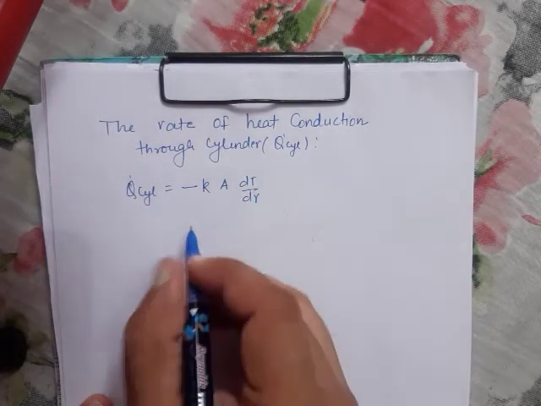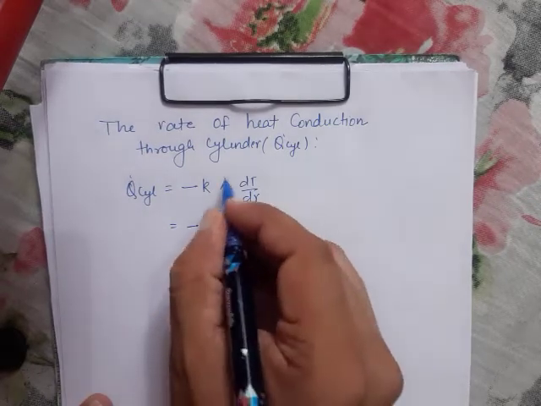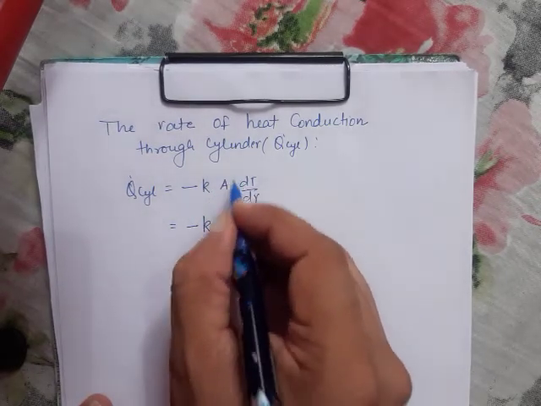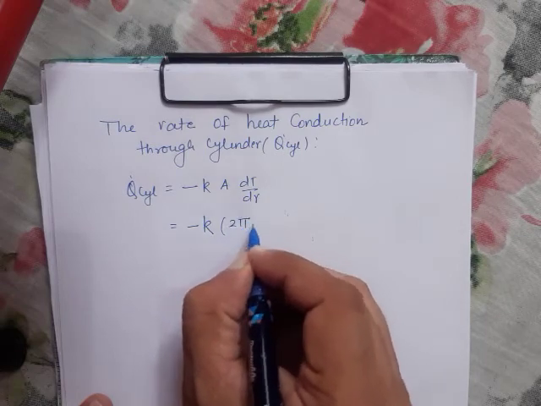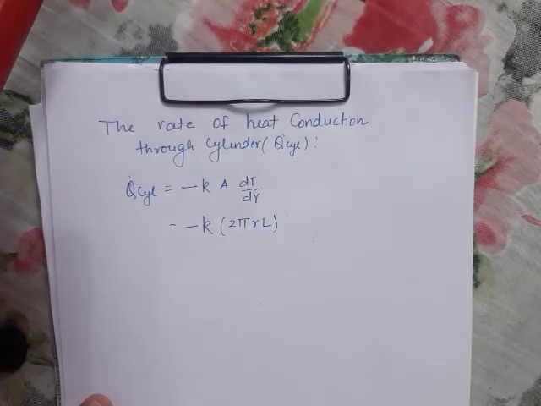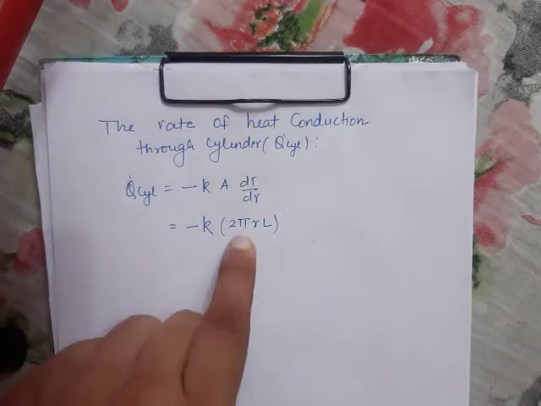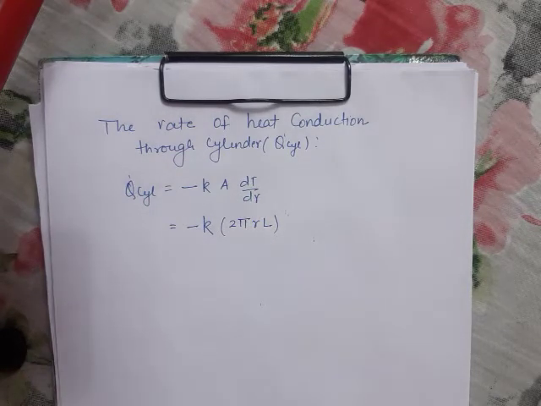So minus K, area of the cylinder. The area of any face of the cylinder is 2 pi r L, where L is the length of the cylinder.